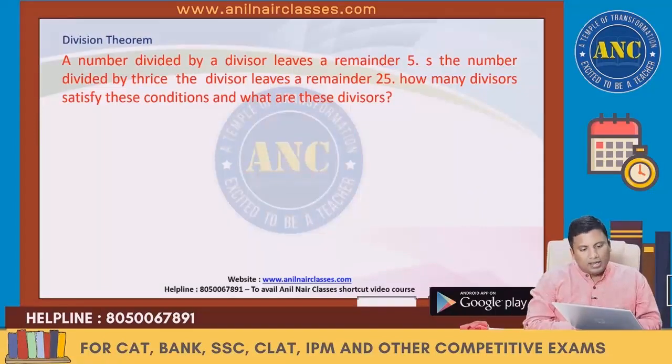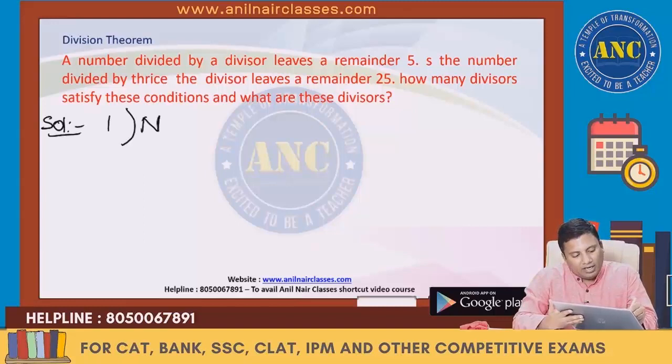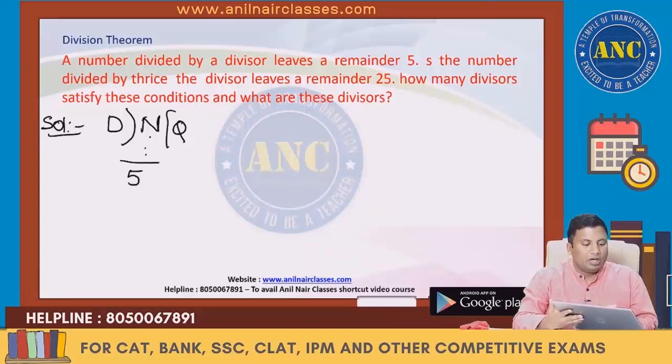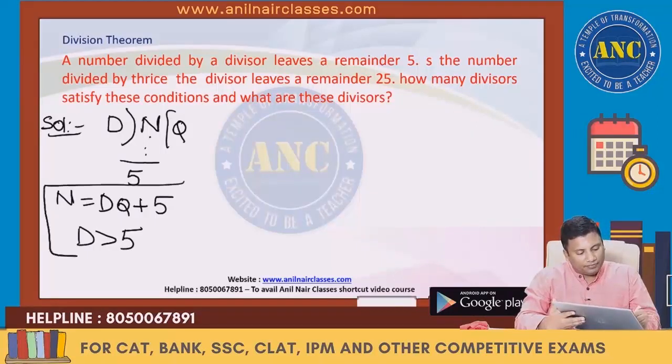Right now, another question, a third advanced level question. A number divided by a divisor leaves a remainder 5. N is divisor into quotient plus remainder, dq plus 5. d is greater than 5. That is the first conclusion.